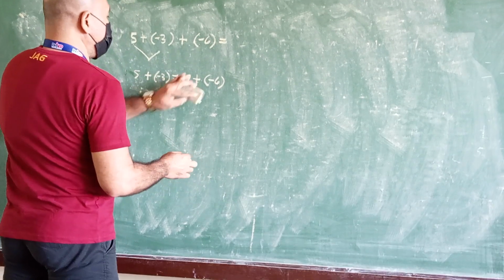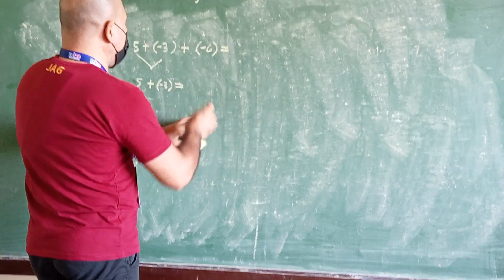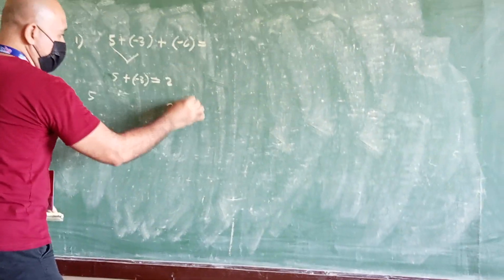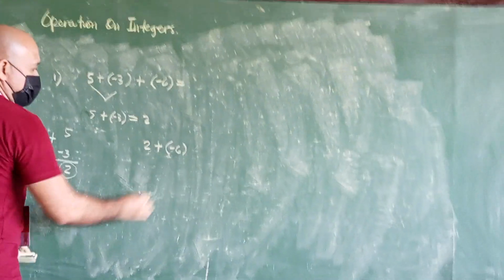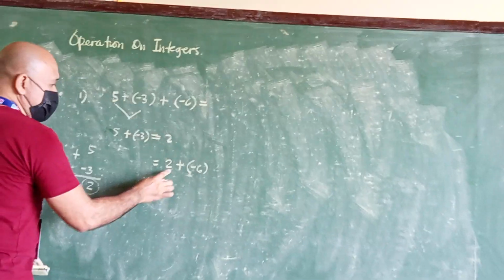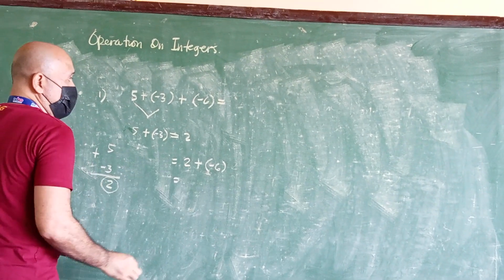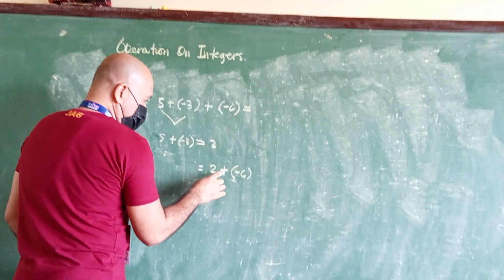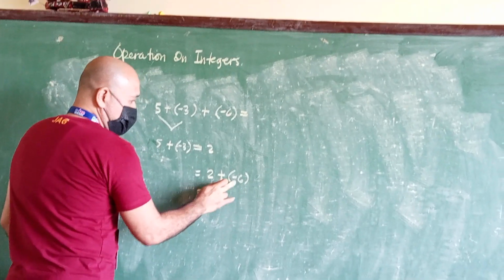After that, your answer is 2. And then 2 plus the brought down negative 6. So what will be the result? Still the two integers are considered unlike signs, so what you are going to do is get their difference.